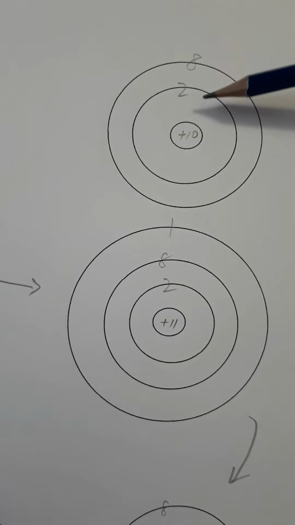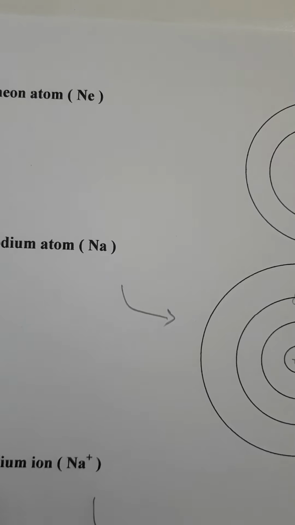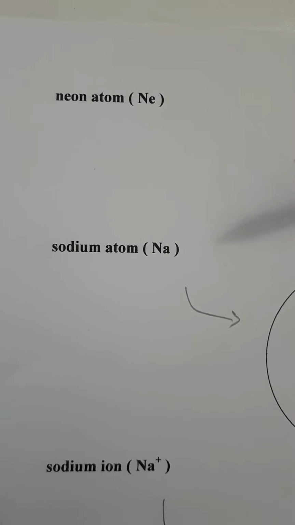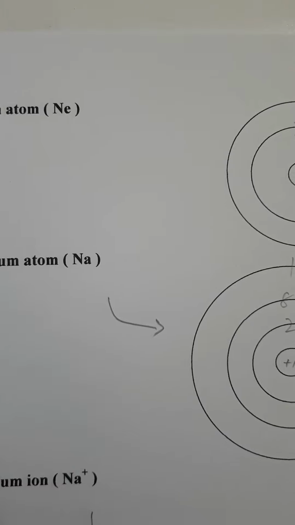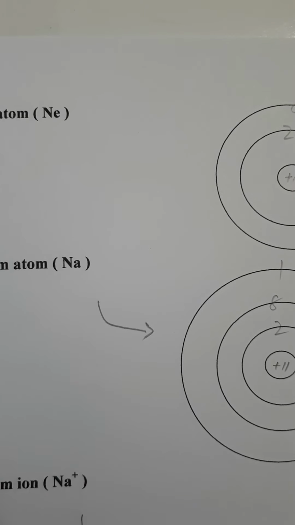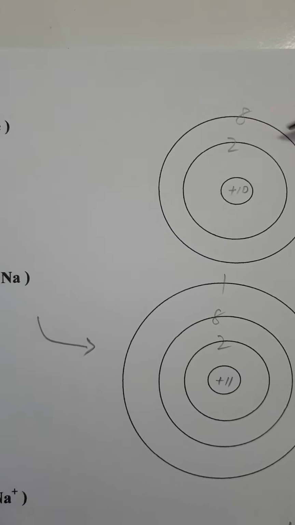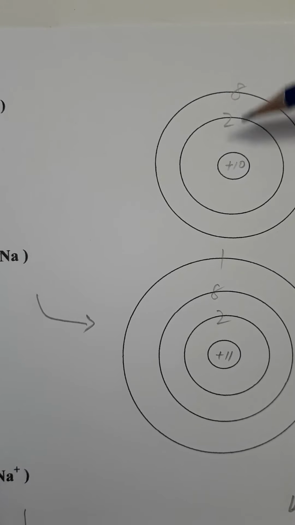Two, 8. This is a neon atom. The symbol is Ne. And we said that when a shell is completely full, they have some special stability.